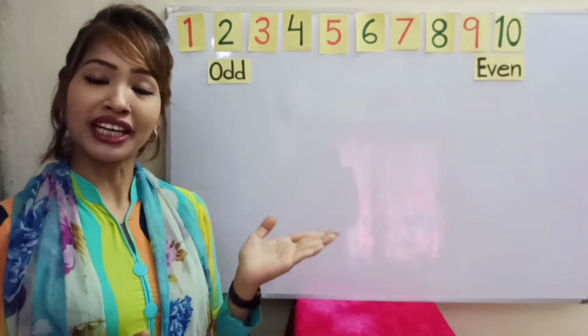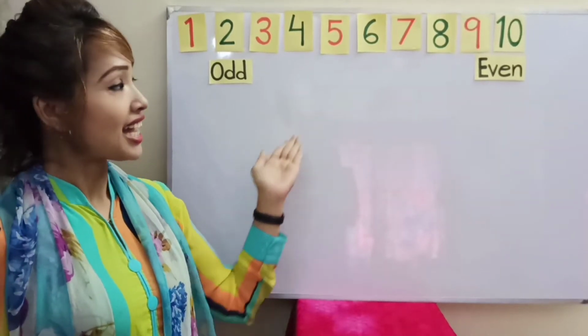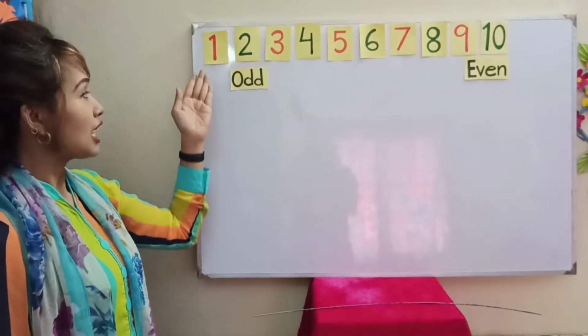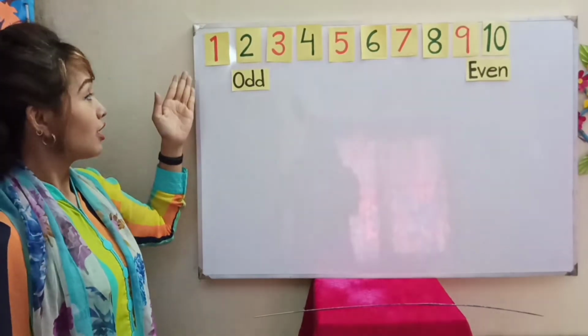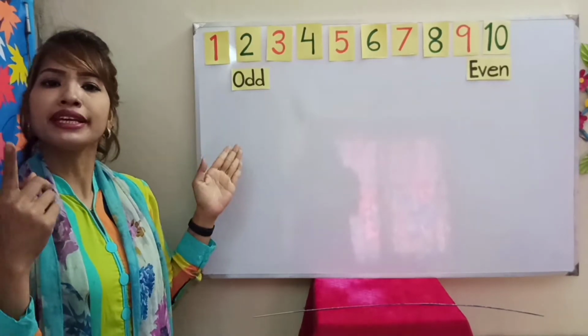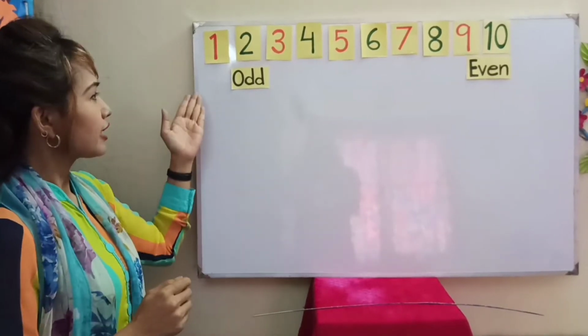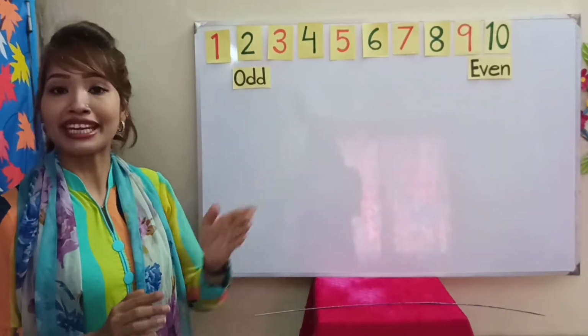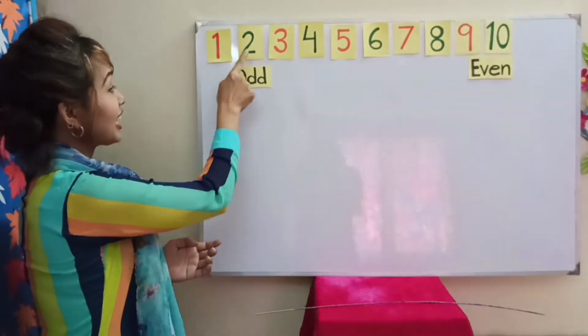So, come on, let's start. Odd and even numbers. So, babies, first of all, I'm removing number 1. Okay, let me tell you before that. See, here I used 2 colors from 1 to 10, green and red.